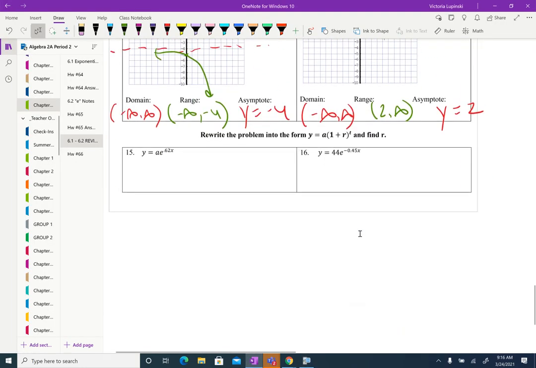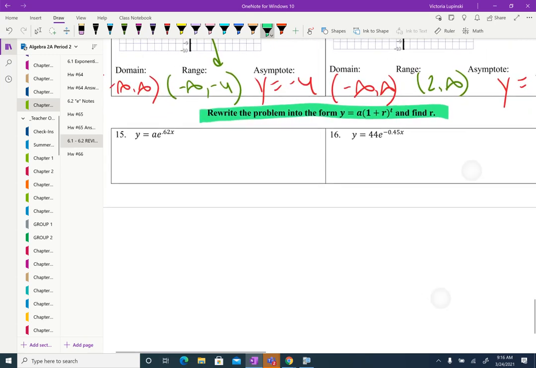And then the last two, so these last two, again, this is what happens when you want to take something with an e and rewrite it to something not with an e. So in order to do that, you're going to take your problem, everything that has the e and the x or the t, you're going to move those to their separate. So 44 and the x, and then a and the x.